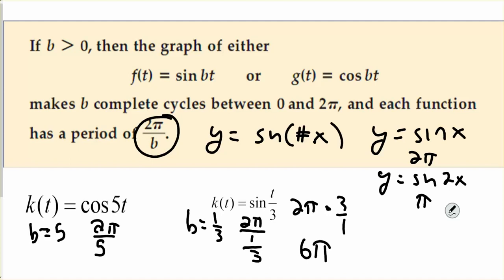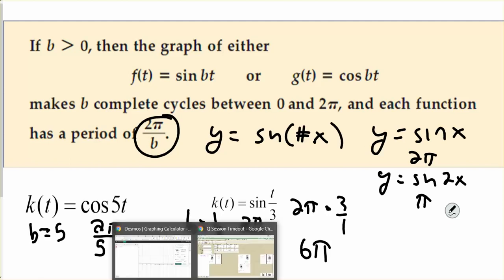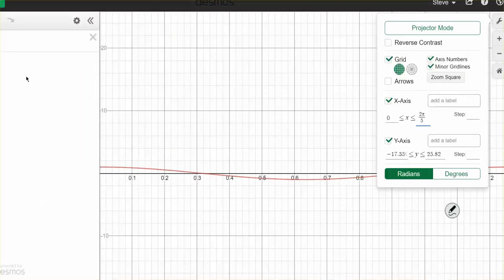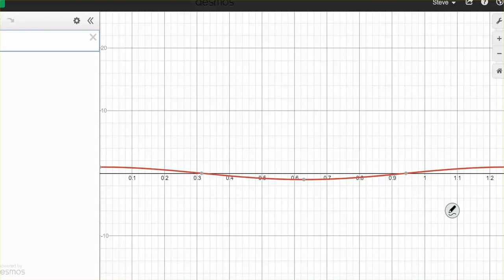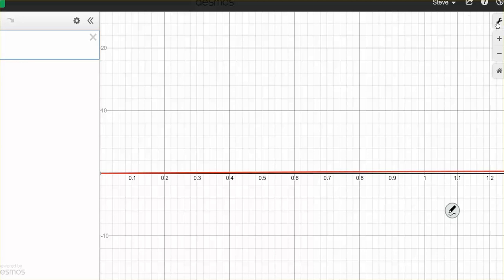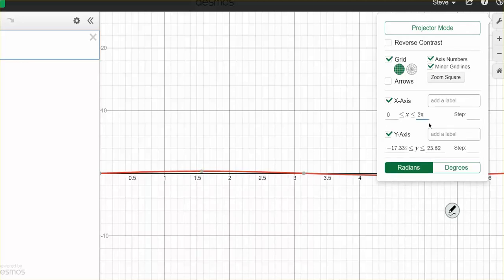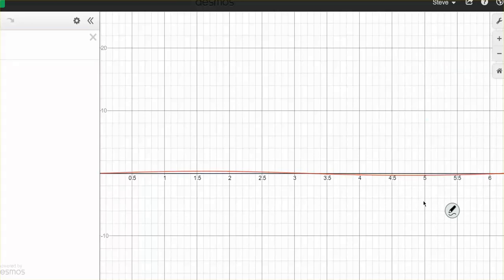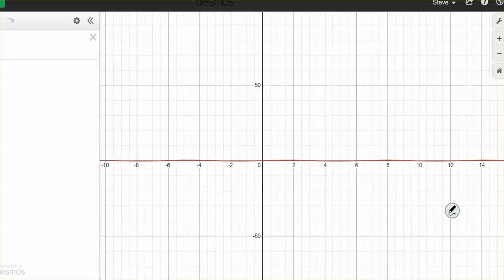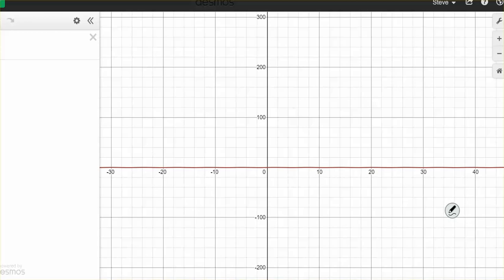What does that mean? If I punch in sine of x over 3, it's going to take all the way up to 6 pi to get there. So if I type in sine of x over 3, and I change this to the regular old 0 to 2 pi, whoop, got the wrong function in there.